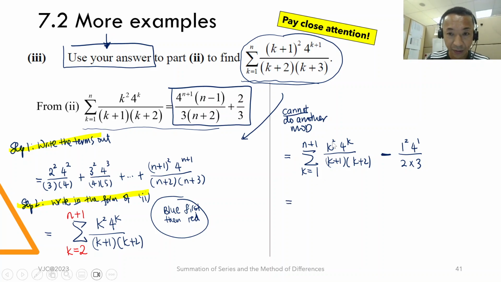But from here onwards, we are done, because as long as this is n, I can change the n to m, I can change the n to x, y, I can change the n to n plus 1.